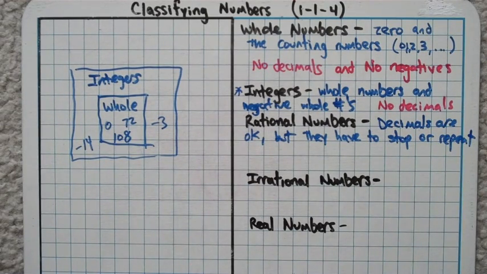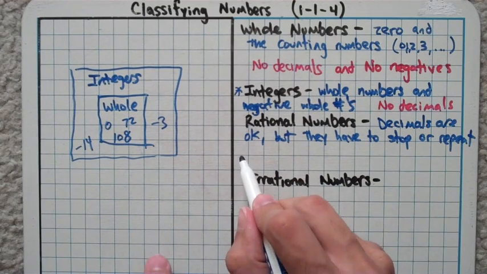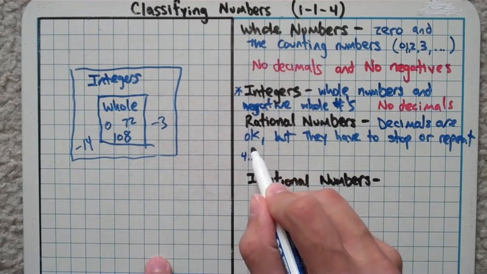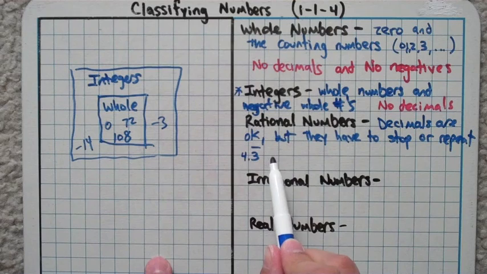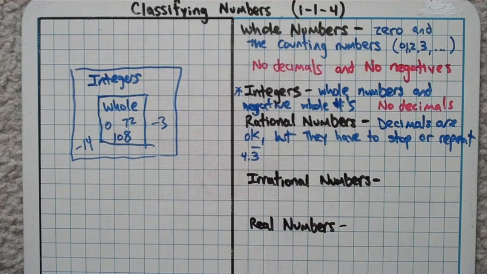So, as an example, if I was doing 0.3 repeating, that decimal is going to go on forever, 0.33333, but it repeats. There's a pattern to it. If I had 2.616161 and it kept on going like that, that would be a rational number because it repeats.